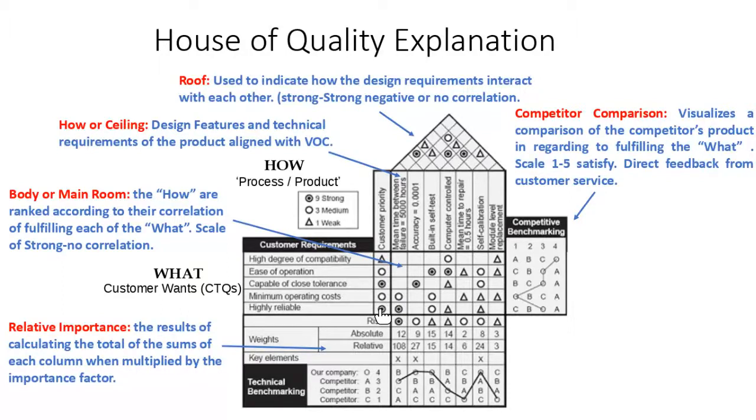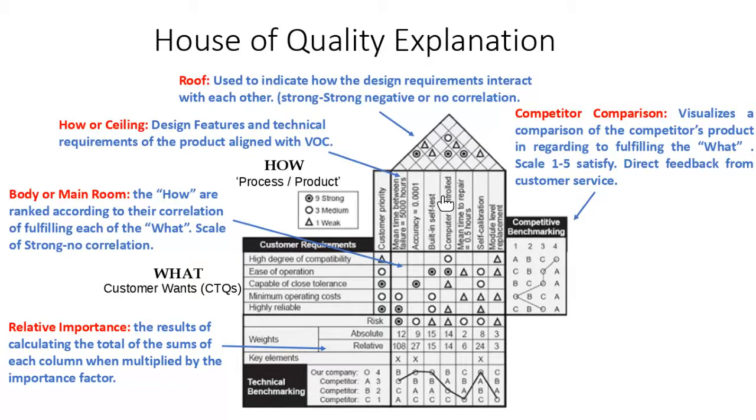Now, when we talk about how this can be done, what do we refer to this one as? Customer requirements, or the customer's wants, the critical to quality, or the voice of the customer. When we want to translate this to hows, we need the engineers to show us how we can fulfill these requirements. In other words, we call that the design features, or the technical requirements of the product, and it is aligned with the voice of the customer.